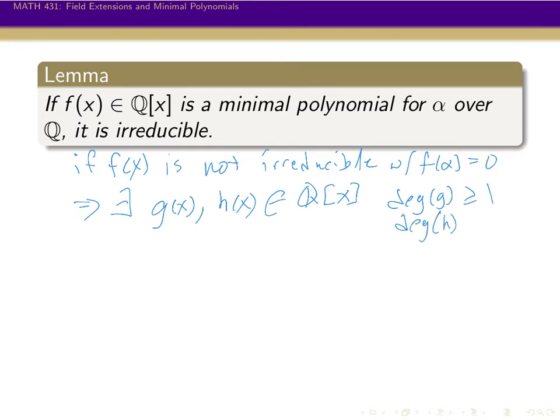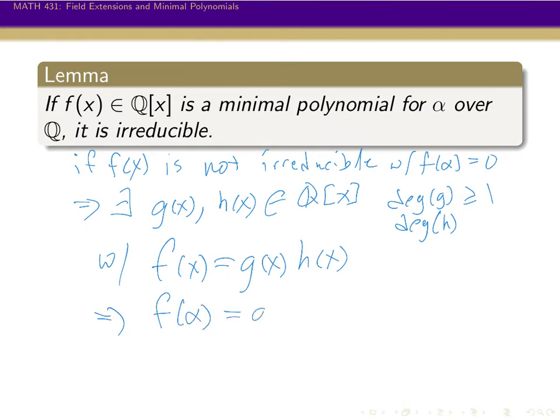So the degree of g and the degree of h would both be greater than or equal to 1, with f of x equal to the product of these two. That's what it means for it not to be irreducible. So then we plug in alpha: f of alpha is equal to g of alpha times h of alpha, but f of alpha is equal to 0. So we have g of alpha times h of alpha is equal to 0.